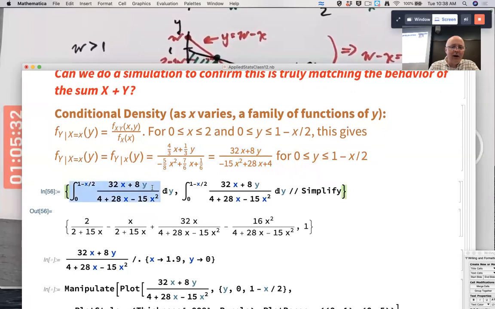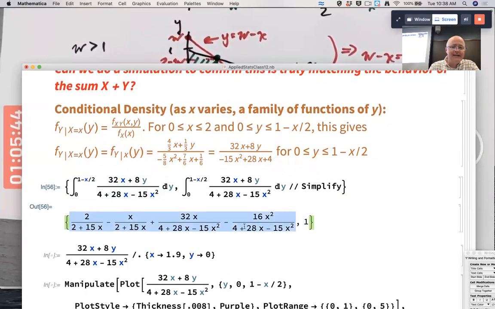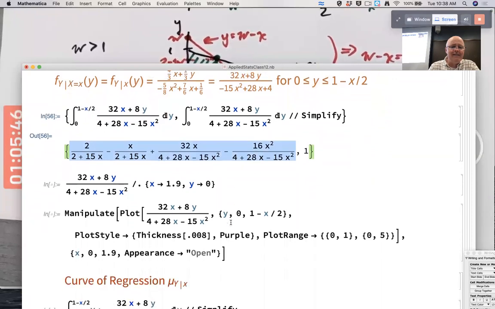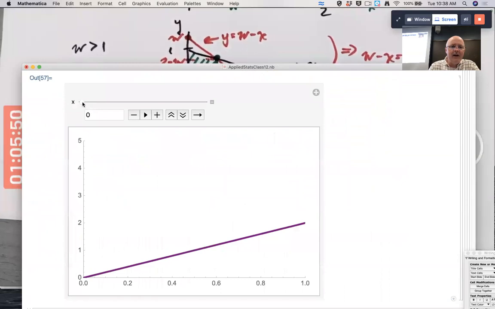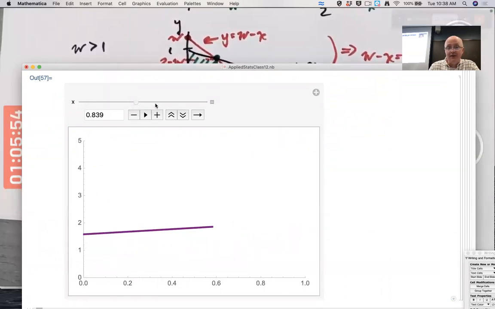This does integrate to 1, though it doesn't look like it will at first. When you integrate it without doing a simplify, it gives you this answer, which you're like, oh, that didn't integrate to 1. But if you simplify it, that's actually a big, crazy 1. The area under this graph is 1, no matter what x is. But the domain does change, and the graph itself does change.